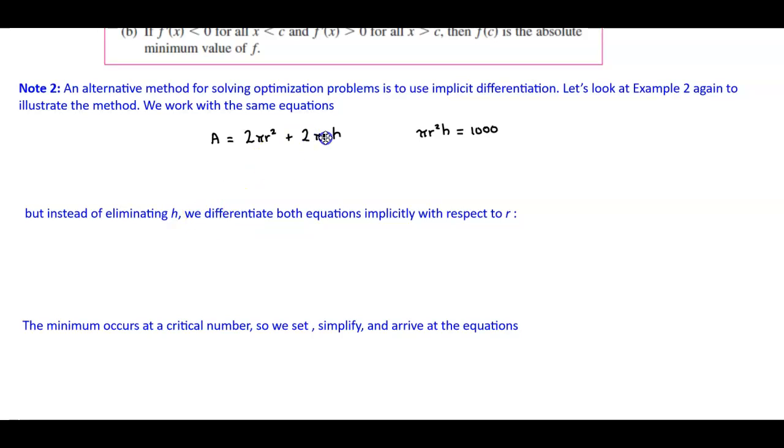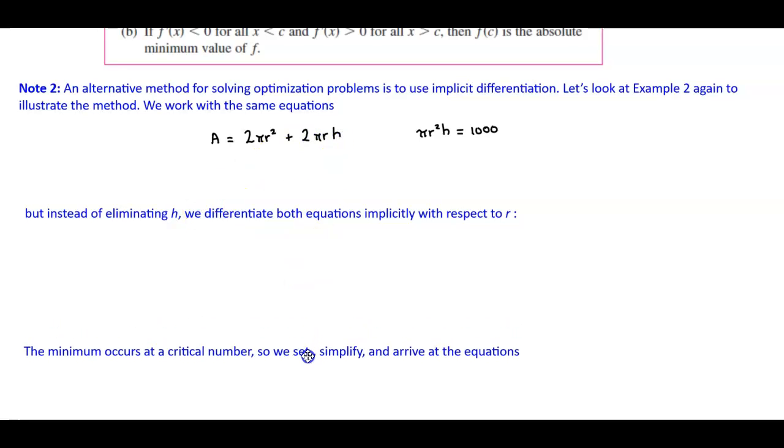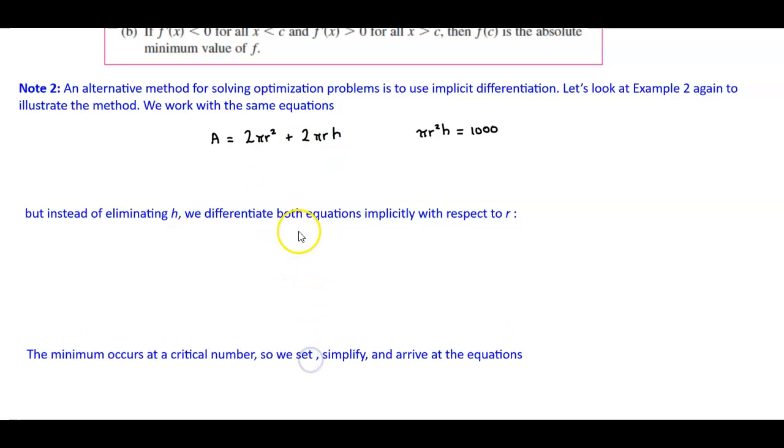But instead of eliminating the h, what we can do is differentiate both equations implicitly with respect to r. So we're going to name the first equation here, and this is the second equation. Let's solve the first one implicitly. If we want to find A prime, we know the derivative of 2 pi r squared is going to be 4 pi r.